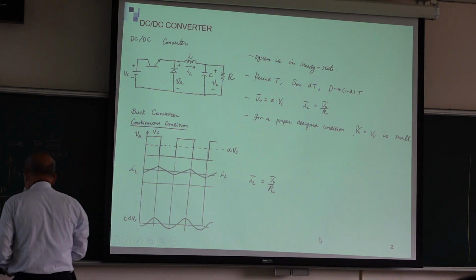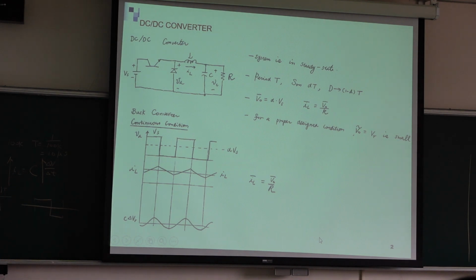Then what is the output? You can say, if this is 12 volt, if this is 0 volt, if this is 5 microseconds, and this is 5 microseconds, what is my average output? We have duty 50-50, input 12 volt, and when the switch turns off, 0 volt.